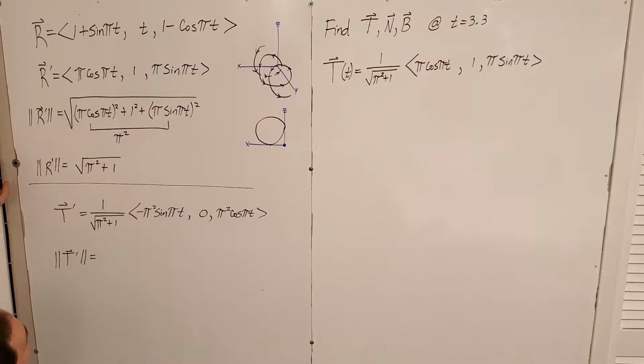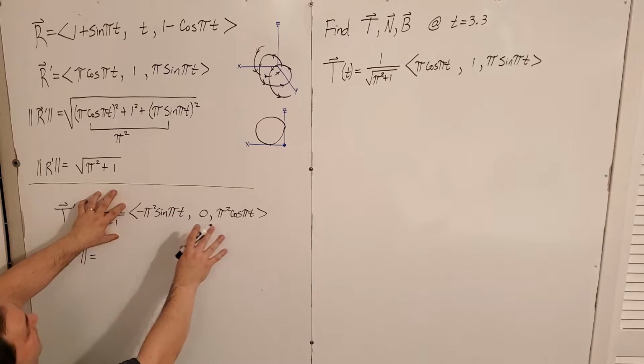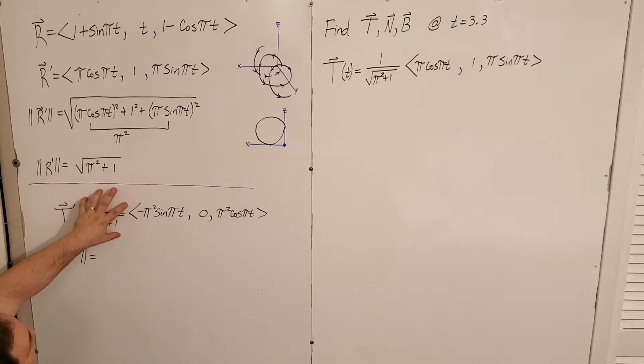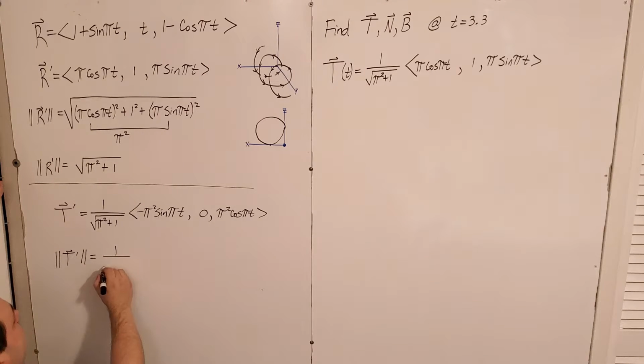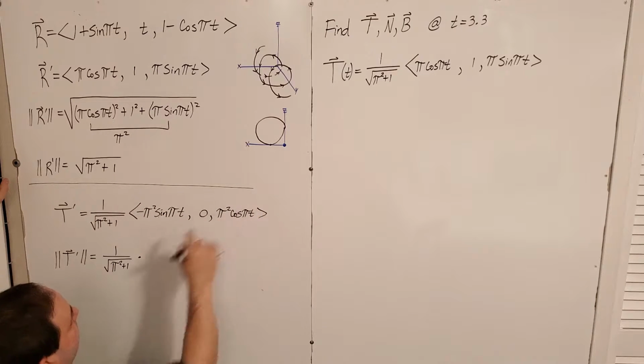Okay? Well, here's the good thing about pulling a factor out front of a vector. If you're going to do the length, then it's just the absolute value of this piece, which is already positive, so it's this, times the length of this.